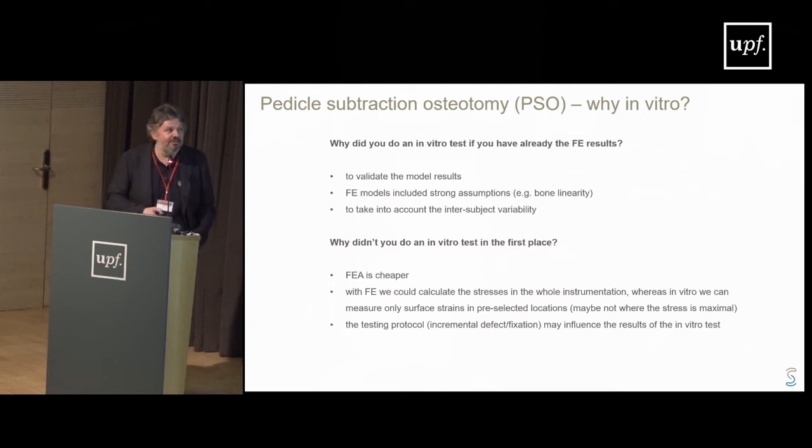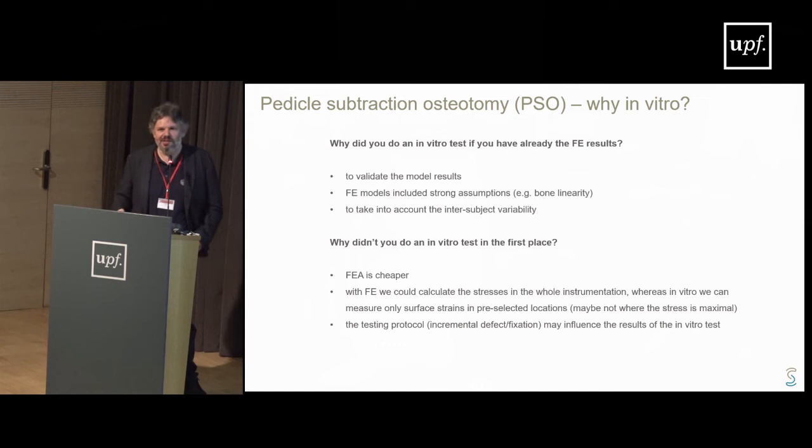But there are also other reasons, actually. With finite element models, we can calculate the stresses everywhere in the model. If we do an in vitro test, we have to put strain gauges or use some special techniques, and that means that we have access to some variables only at specific points. So we have a better view of the biomechanics with the model because we have complete access to all the outputs. And there is another quite important reason.